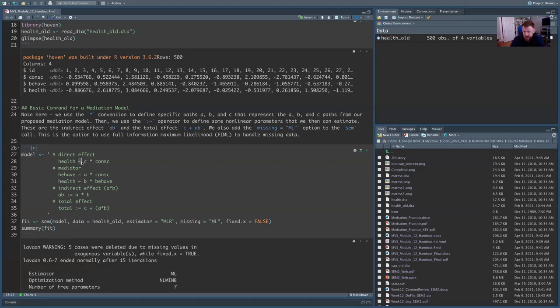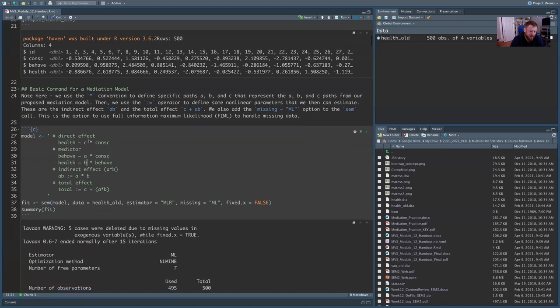The tilde is the universal sign for a regression, right? Outcome regressed on predictor. And then in the B path, health, all the way on the other side of the diagram, is the outcome, and our mediator behavior is the predictor. Okay, so that's the basic mediation model. We basically built a little triangle with those three variables.